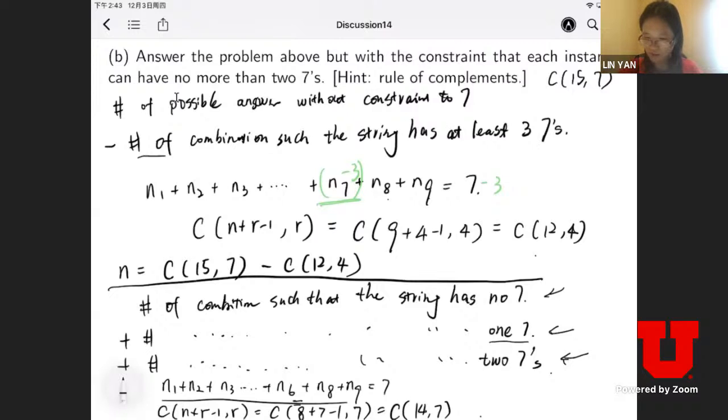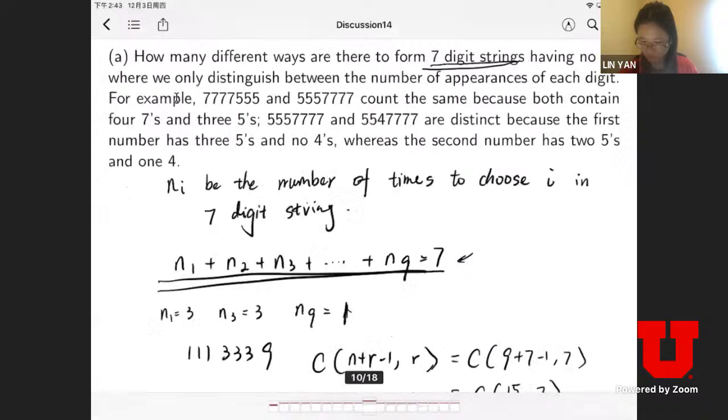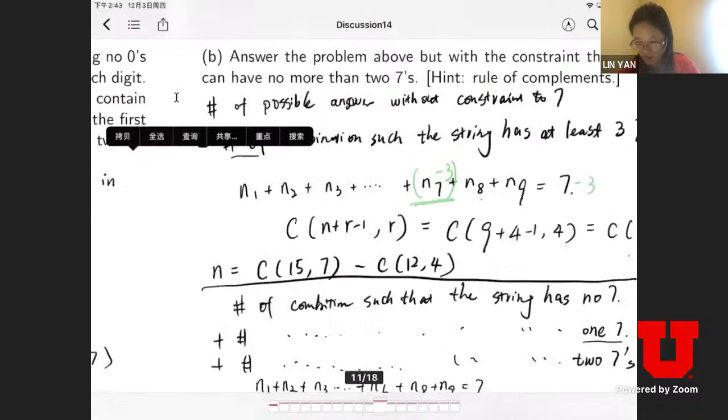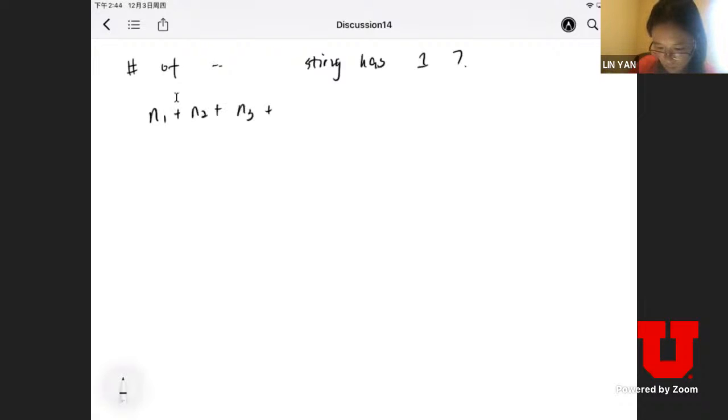So we want to know the number of combinations where the string has one 7. So we have n1 plus n2 plus n3 plus n6 plus n7 plus n8 plus n9 equal to 7, and n7 is equal to 1.